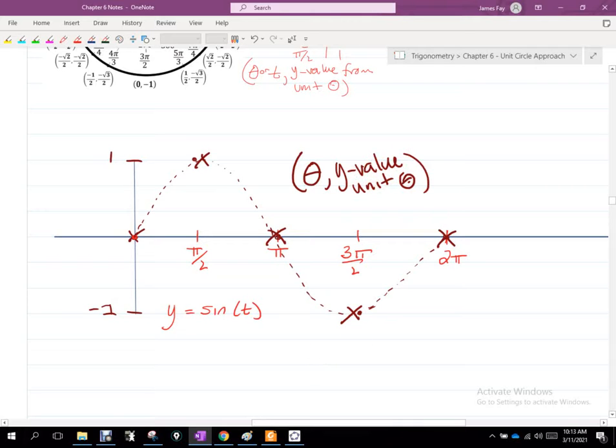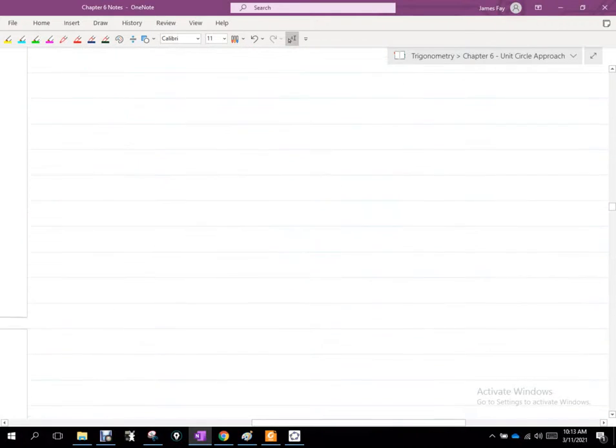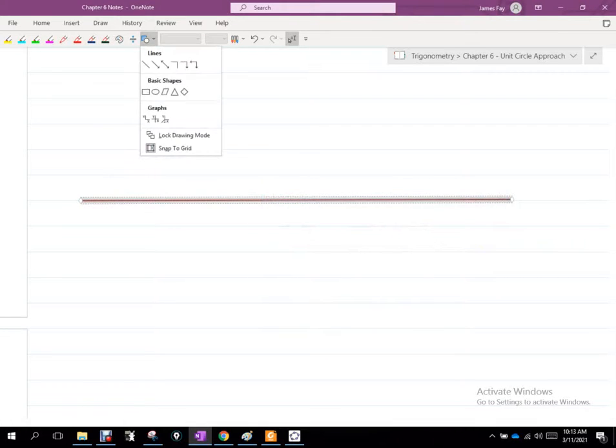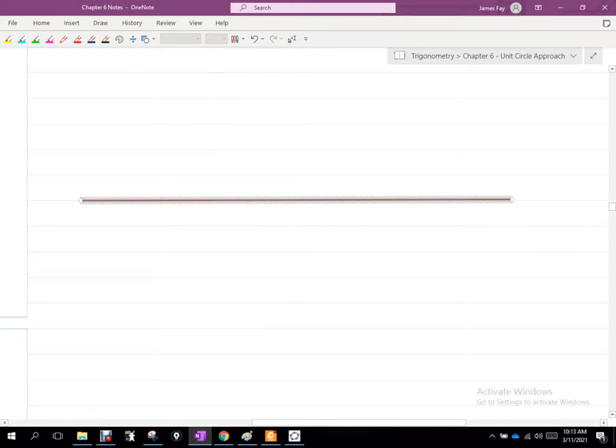So when I look at the cosine function, because that's our next function we want to graph, what do you think the structure of that's going to look like as ordered pairs? Theta, comma, so here y equals cosine of t or y equals cosine theta, however you want to write it.